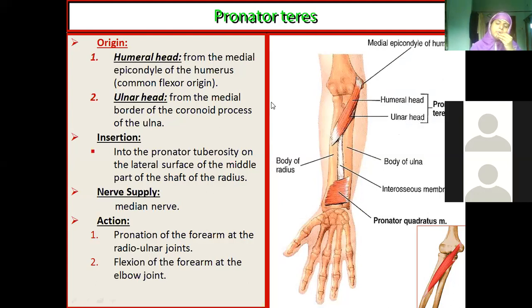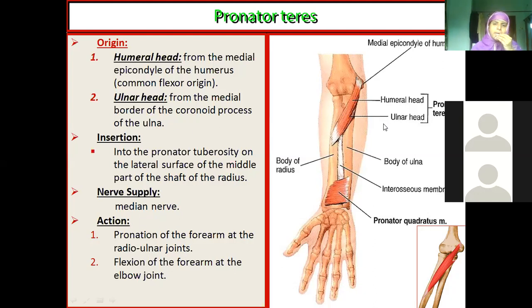Now, one uniform thing you try to remember. Whatever flexor compartment muscles we are talking about now, they are all supplied by the median nerve. You have two exceptions: flexor carpi ulnaris and flexor digitorum profundus medial half. Every muscle is supplied by only one nerve. What is that nerve we have here? Median nerve.